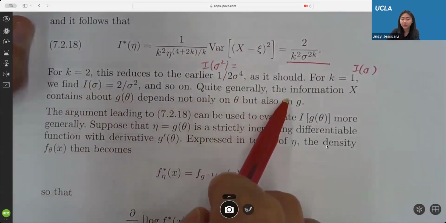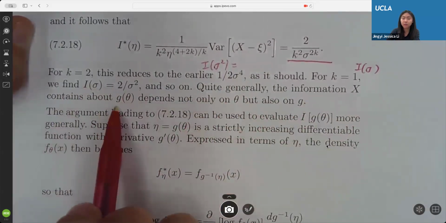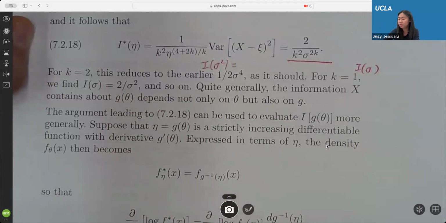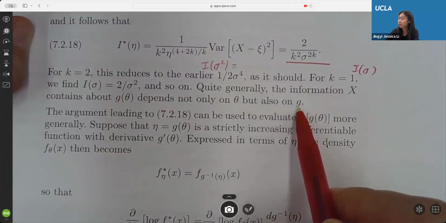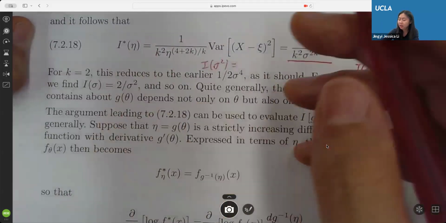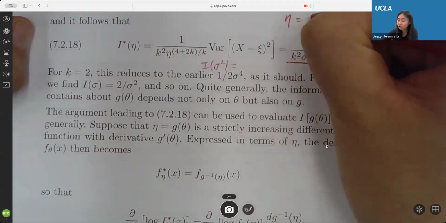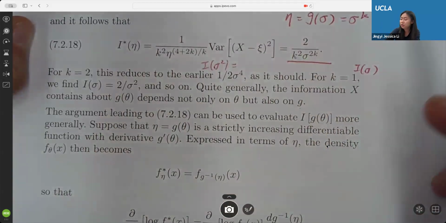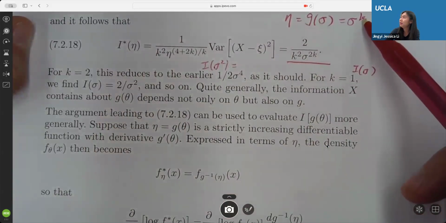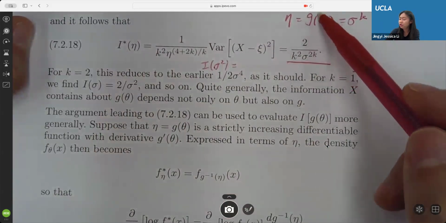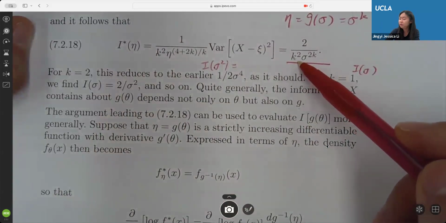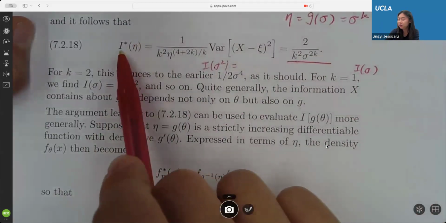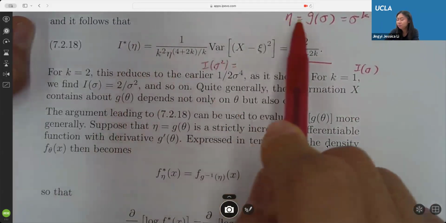Quite generally, the information X contains about this function depends not just on the parameter, but also on the function, the transformation. Because you can see that here we have eta equals g(sigma). So essentially, the g function depends on k. And as you change your g, you change your k, and this Fisher information changes with k. So basically, it says that the Fisher information is not the same thing.